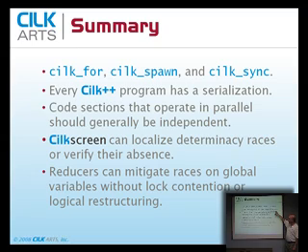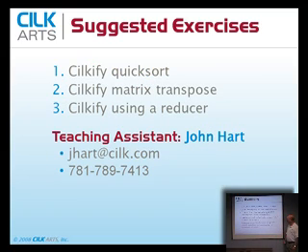You should make sure that when you spawn off parts, or generate them in parallel with cilk_for, they're independent, and there are no data races between them. But if you do have data races, you can pick them up. And then you can use reducers to mitigate races on global variables without lock contention or logical restructuring.